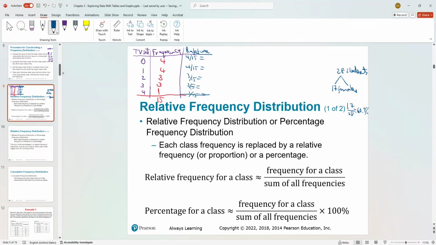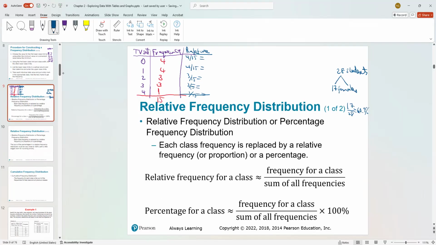We're going to continue to review all of this. The variation of the basic frequency distribution is a relative frequency or percentage frequency distribution, in which each class frequency is replaced by relative frequency, or proportion, or percentage. So the relative frequency for a class is the frequency for that class over the total sum of all frequencies. Or you can multiply whatever you find by 100, because anything you find would be a decimal, 0 point something.